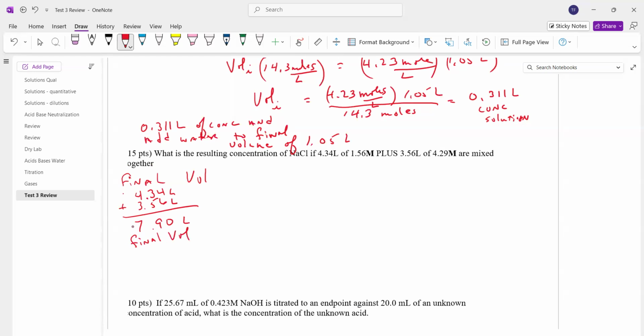Now we need to figure out the moles. Okay, so we're going to have 434 liters times 1.56. And I purposely write molar as moles per liter, so it's obvious the liters cancel.